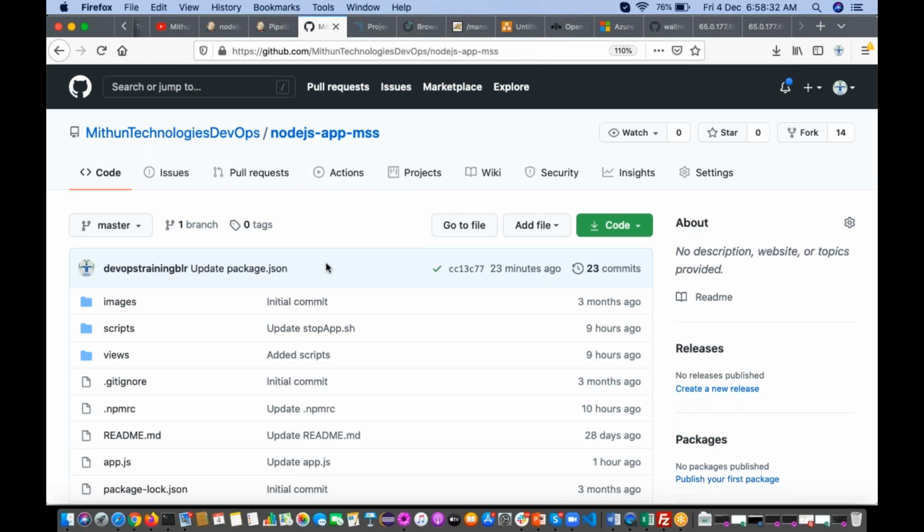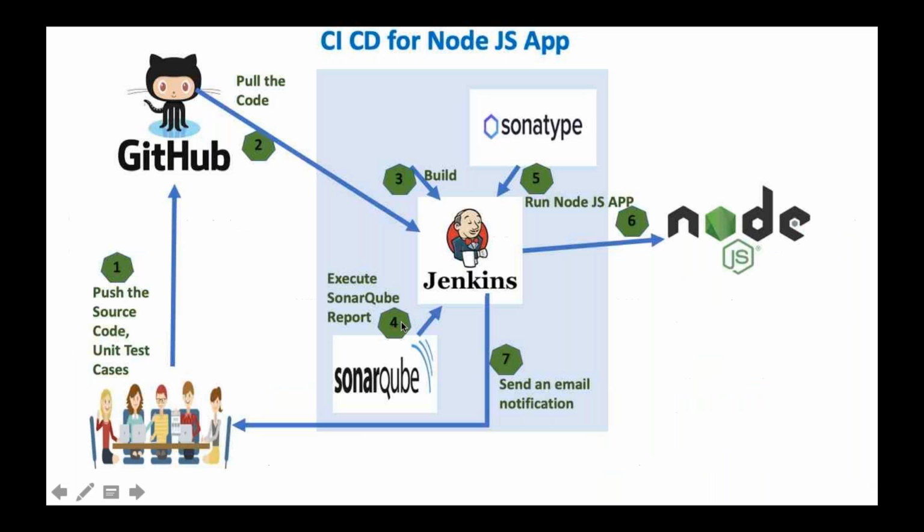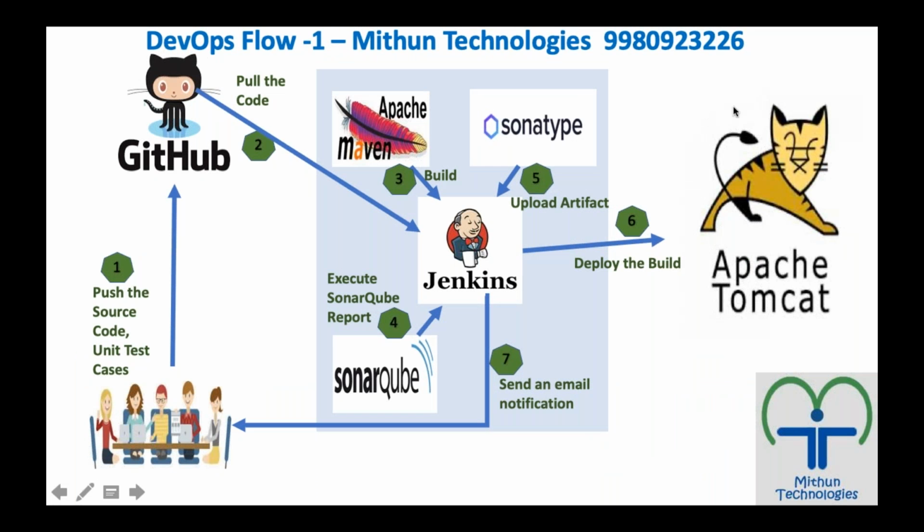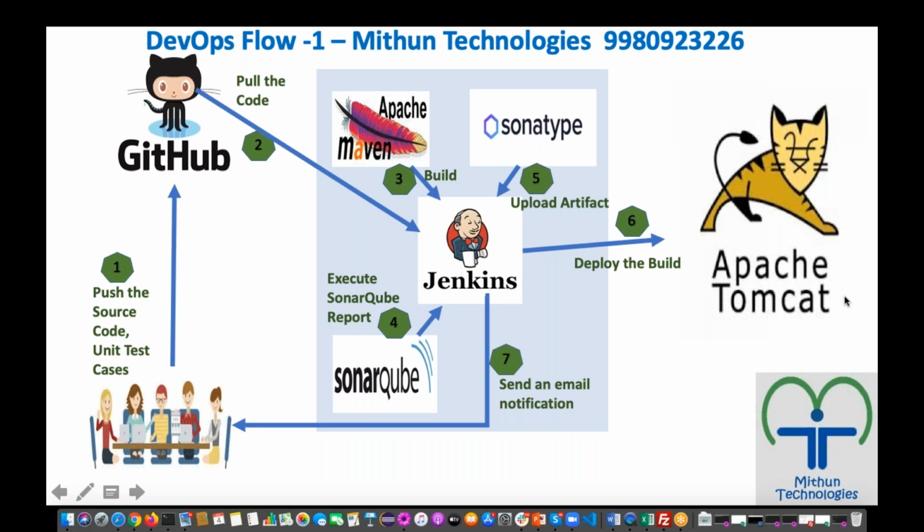This is normal deployment. Right now, we have deployed this Java application on the Tomcat server. Instead of Tomcat, we are using that Node.js runtime instance here. So next, what is Balaji sir going to do? The same application, he is going to containerize.